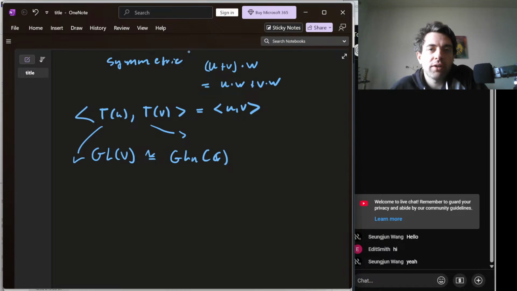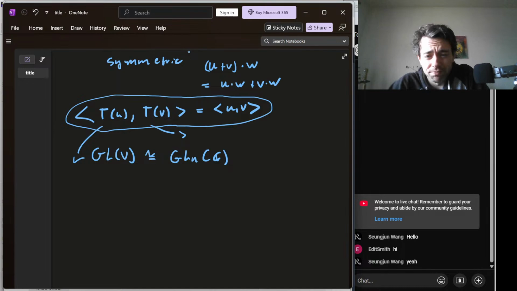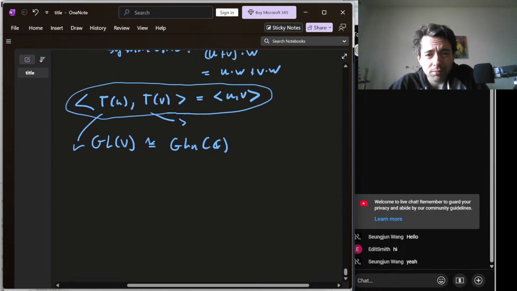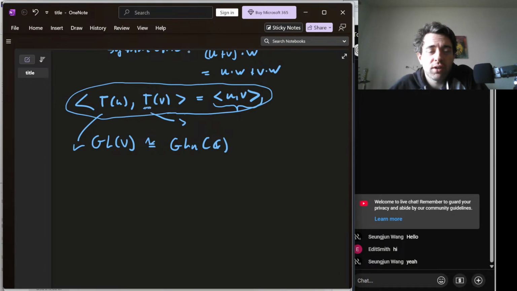So we might want to ask, how can we take this condition and encode it in terms of matrices? The process by which we write linear transformations in terms of matrices involves us also representing our vectors in terms of matrices by choosing some basis.